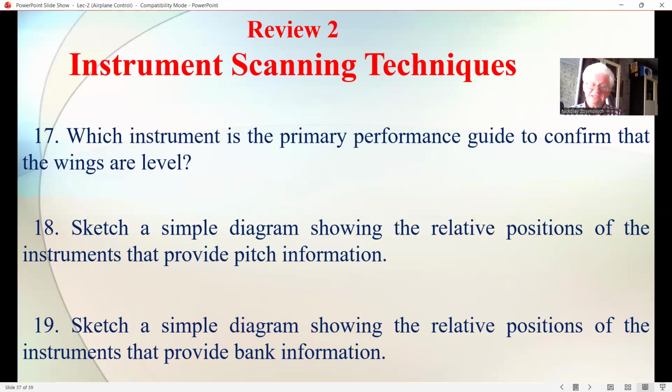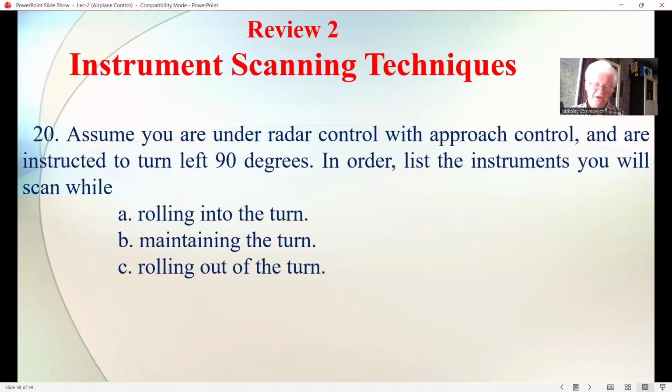18. Sketch a simple diagram showing the relative positions of the instruments that provide pitch information. 19. Sketch a simple diagram showing the relative positions of the instruments that provide bank information. And next, question number 20.